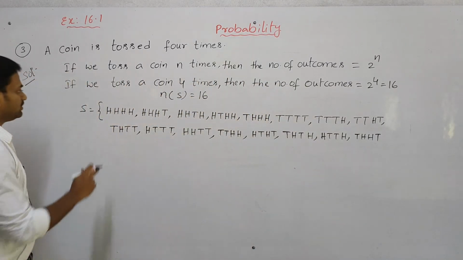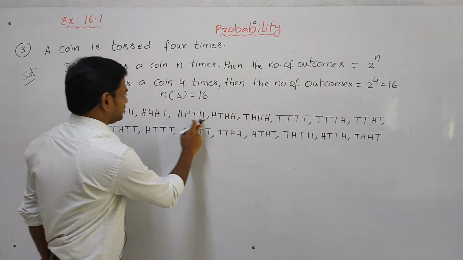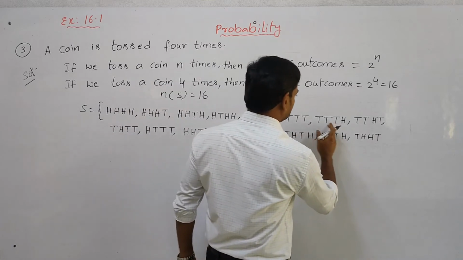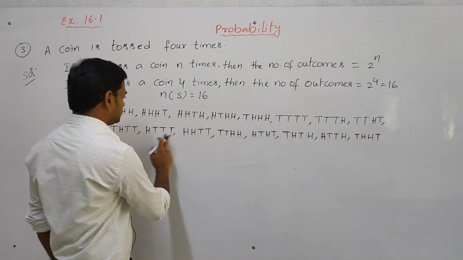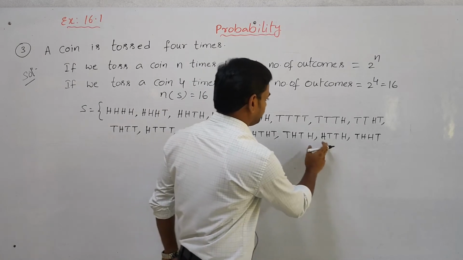Check once, count once: 1, 2, 3, 4, 5, 6, 7, 8, 9, 10, 11, 12, 13, 14, 15, 16.